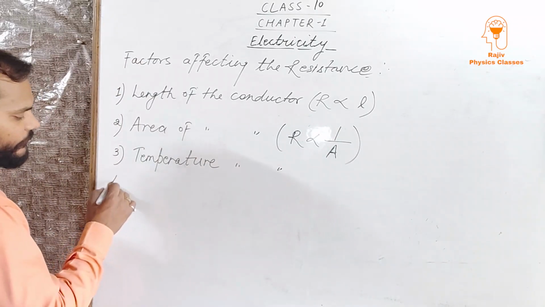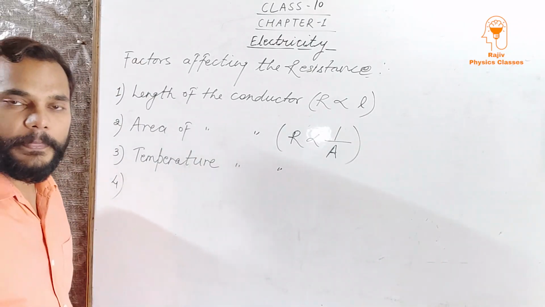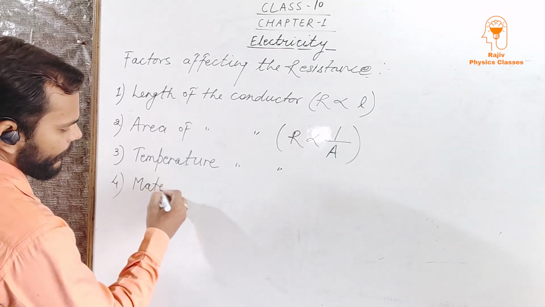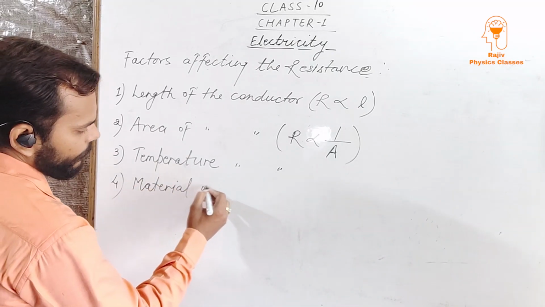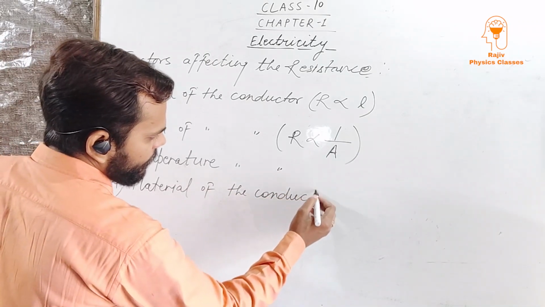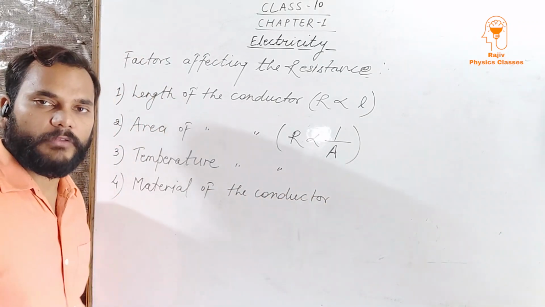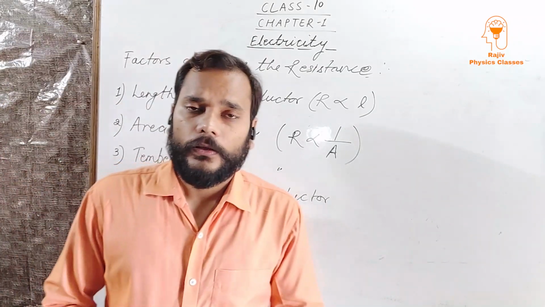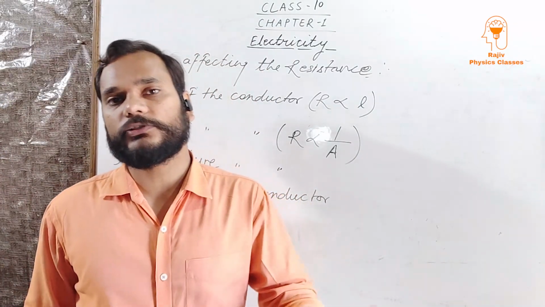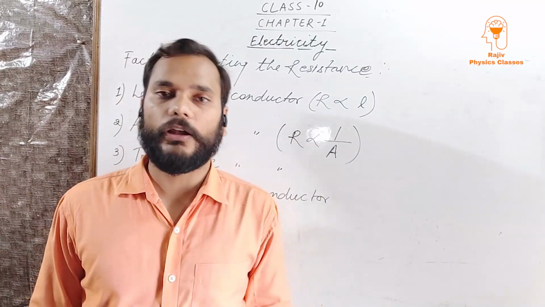And the 4th, which is very important, is the material of the conductor. No doubt, the resistance of a conductor also depends on the material of the conductor.